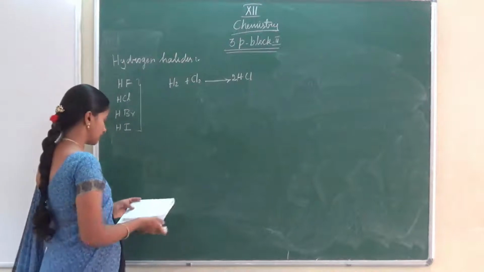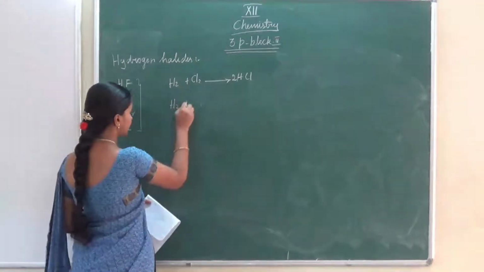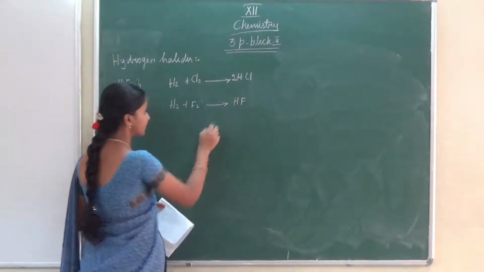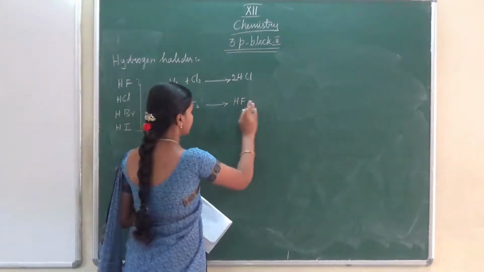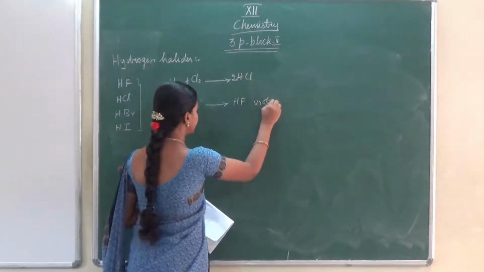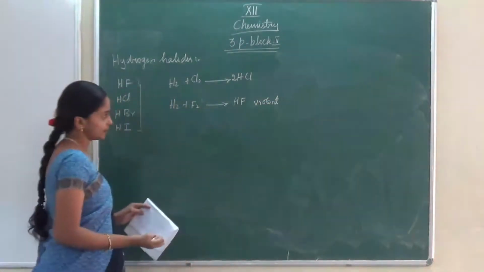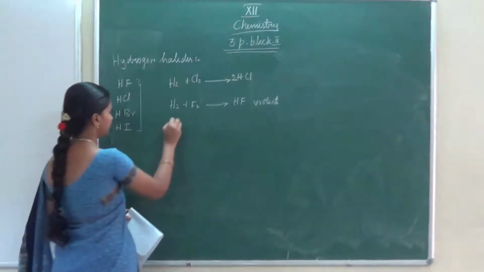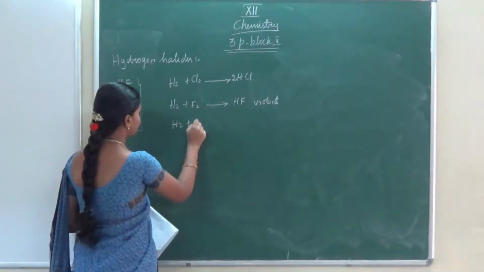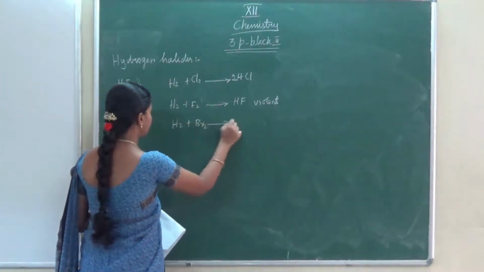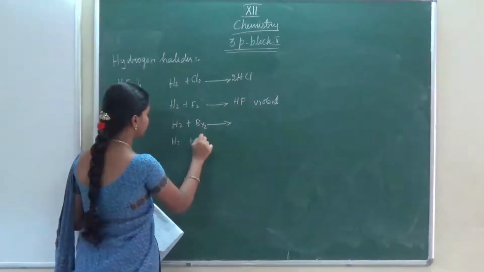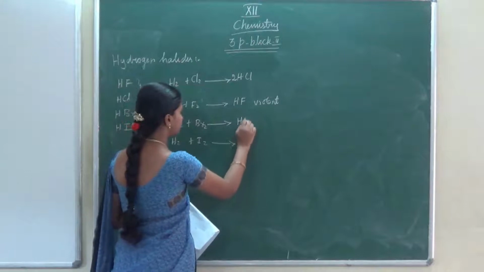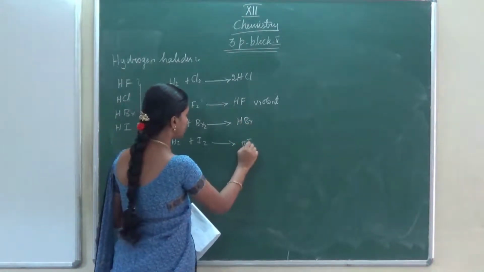The next one here, when hydrogen and fluorine react, it also produces HF, but this is a violent reaction. Easily the fire will be produced there. The next one here, hydrogen and bromine, H2 and Br2, and H2 and I2. This also produces the compounds hydrogen bromide and hydrogen iodide.